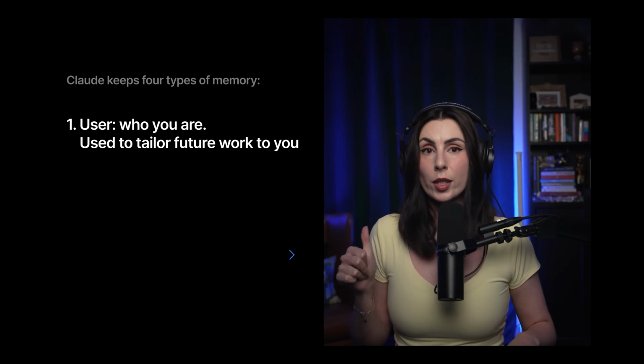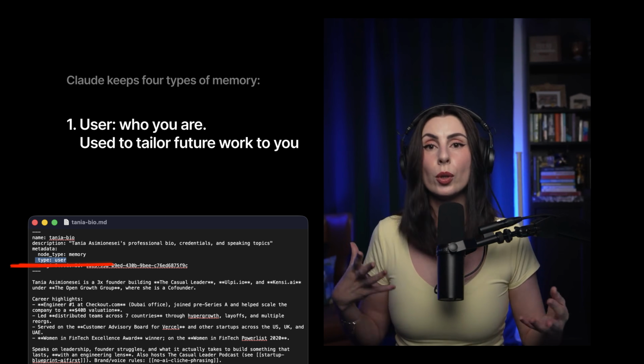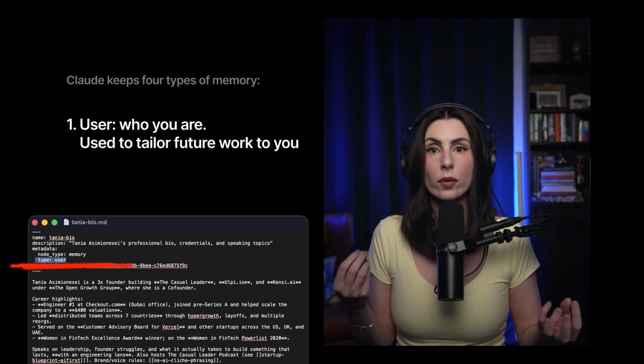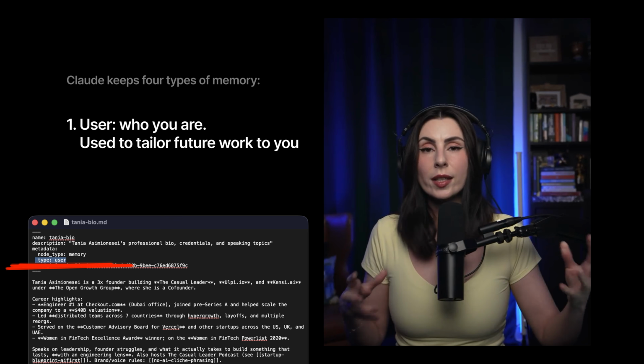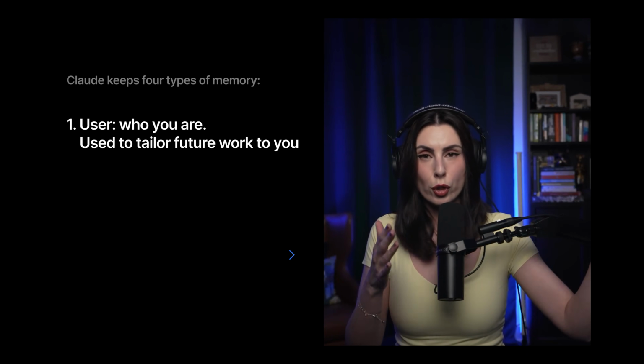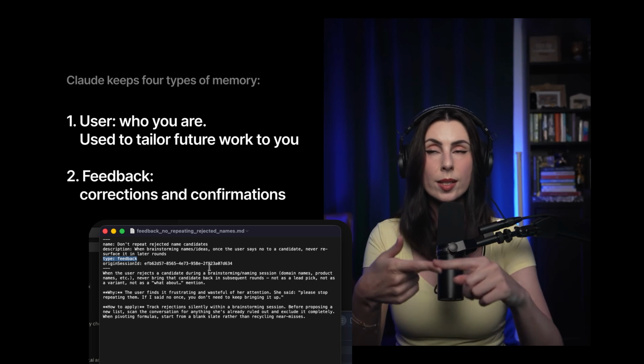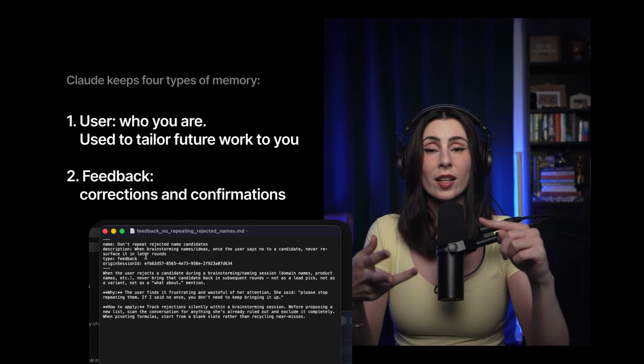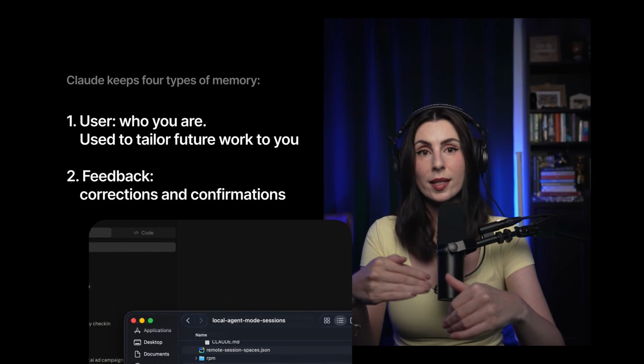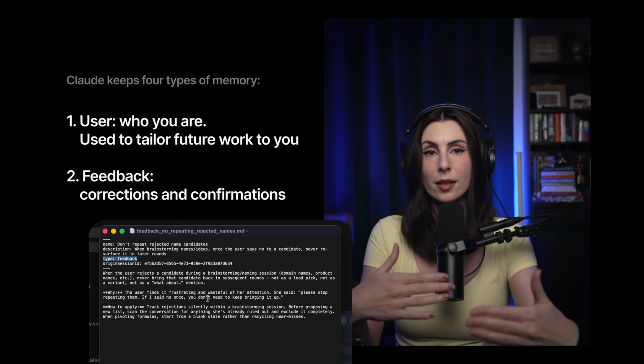Claude keeps 4 types by default. One is user: who you are, your role, your goals, preferences, how you like to work, everything that's used to tailor your future work. Then feedback. This is where corrections, confirmations, things that you flagged or approved in the past are saved as a rule, so the same mistake doesn't repeat.